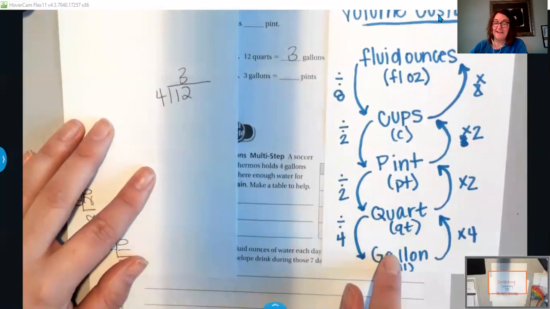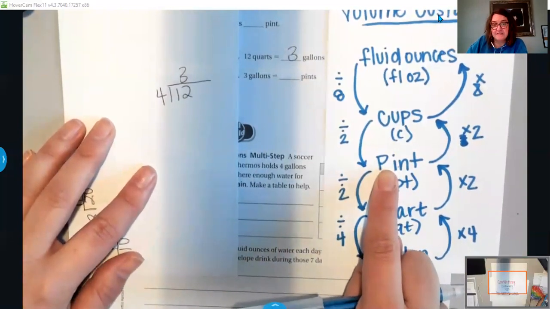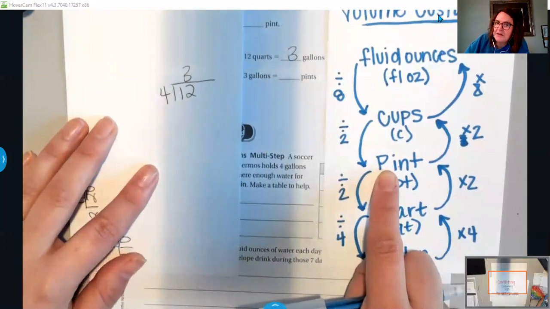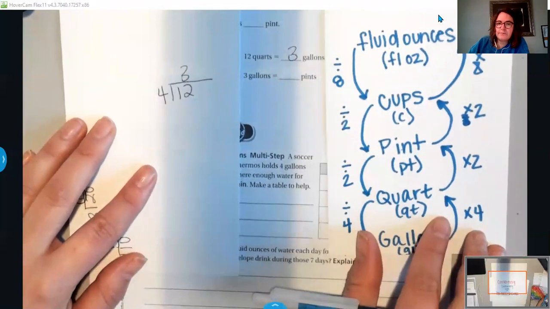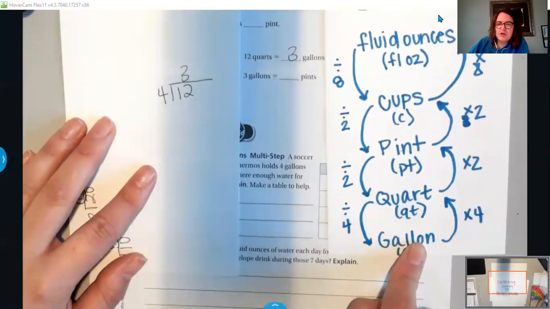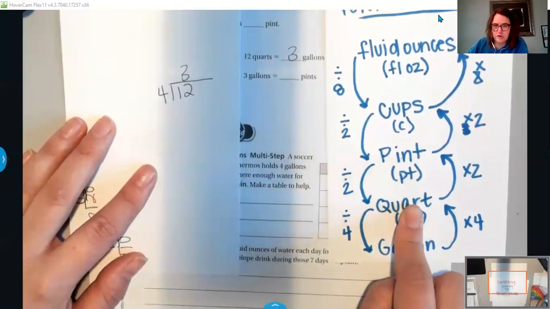How about gallons to pints? Once again, we're going to have to not skip. We're going to have to do twice the work. So I'm going from gallons to pints, but I have to go through quarts first.